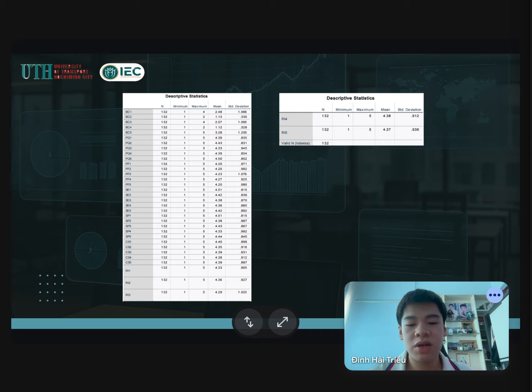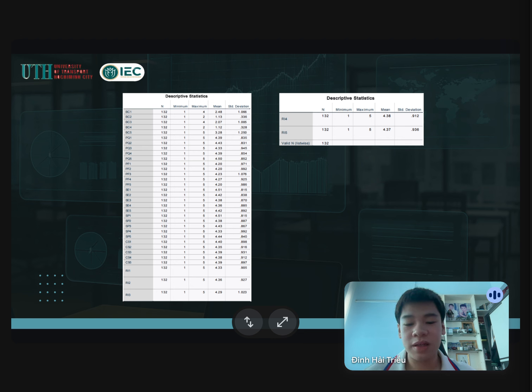The results show that almost every variable has a mean between 4.2 and 4.5. For example, product quality items have average scores ranging from 4.33 to 4.5. Service experience items range from 4.36 to 4.51.